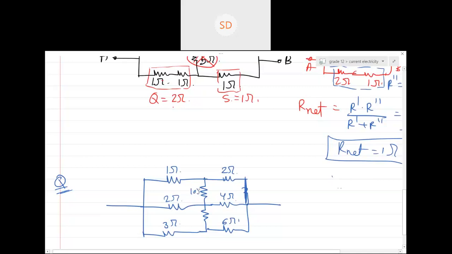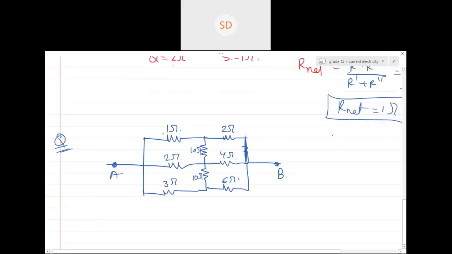And both of these are 10 ohm. So this is also Wheatstone, but think how will we do it? Does it exactly look like a Wheatstone? Is it having only 5 resistors? No. How will we do it?